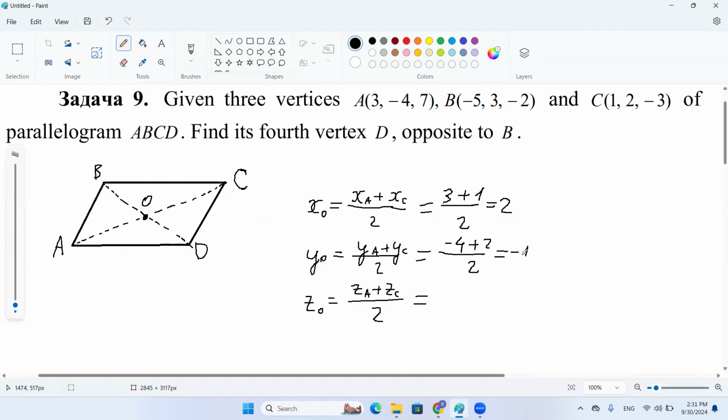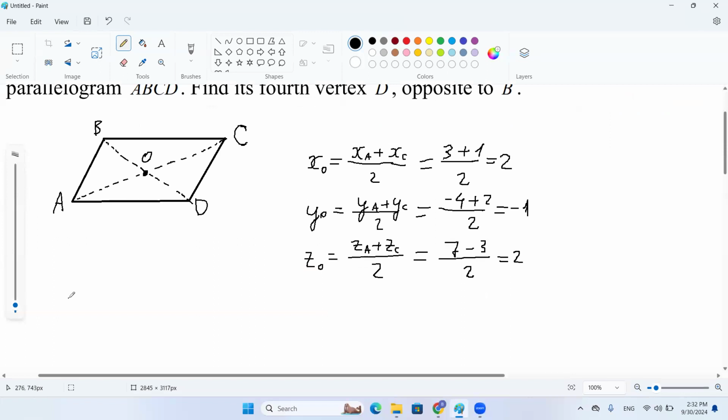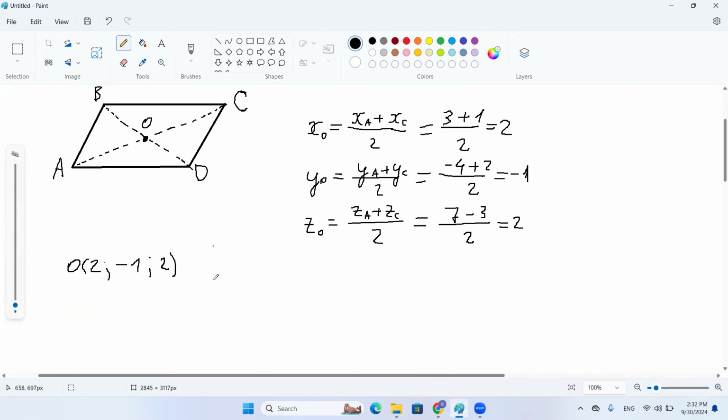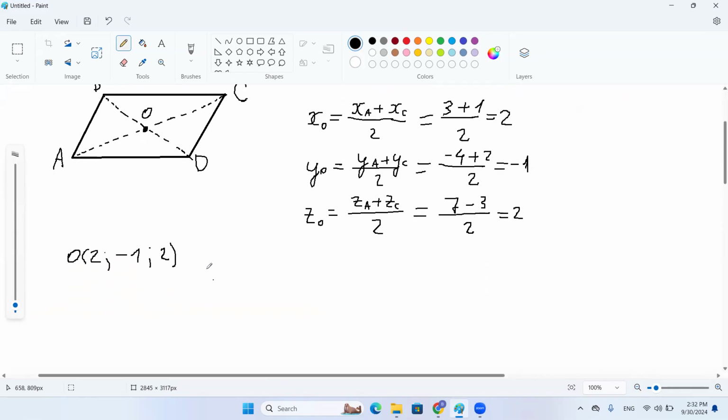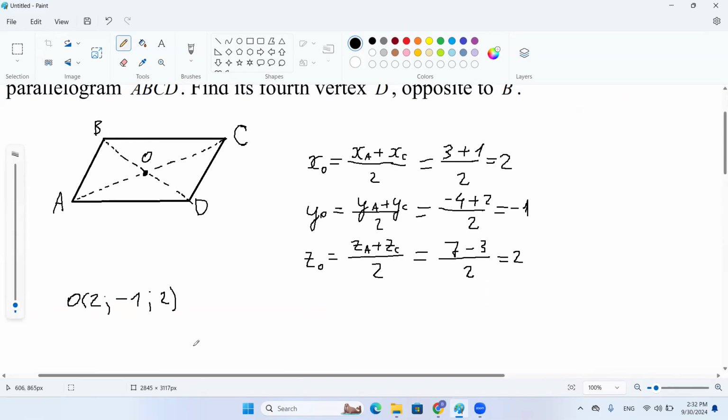And then for Z we have 7 minus 3 divided by 2. It will be 2. So we found the coordinates of O. Let's write them down for our convenience. And now, how can we find D if we know B and O?